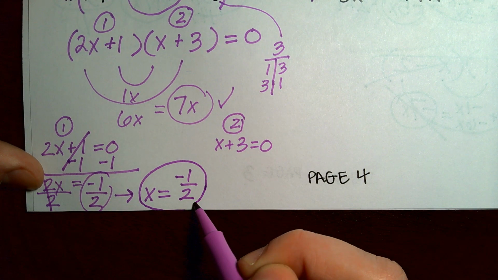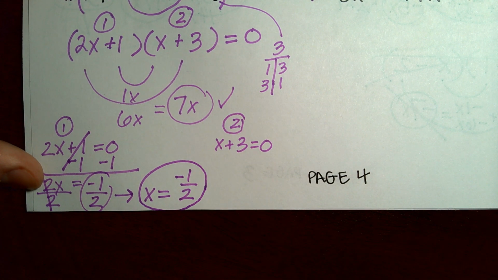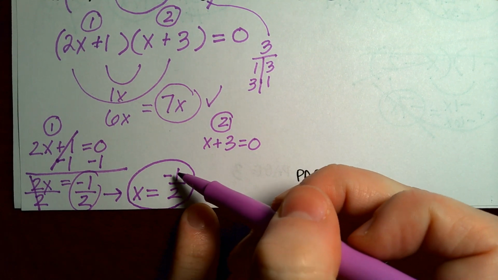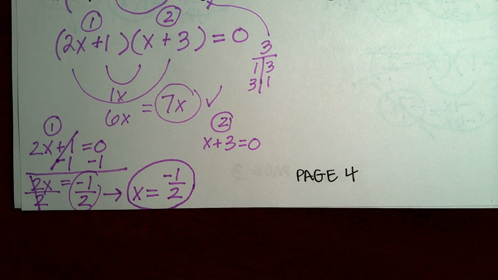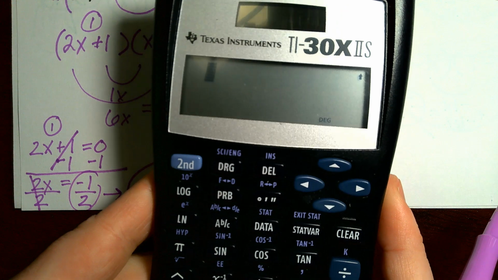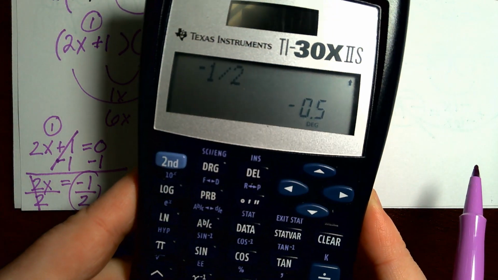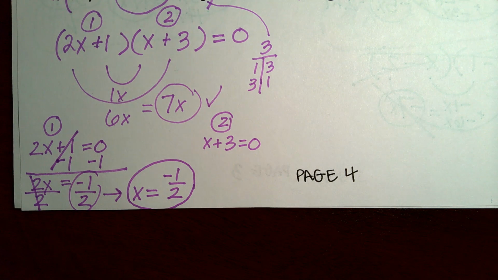I will take the fraction or the decimal. Either one is fine. -1 divided by 2, you could do that on your calculator if you want. -0.5. All right. So there's the first equation.